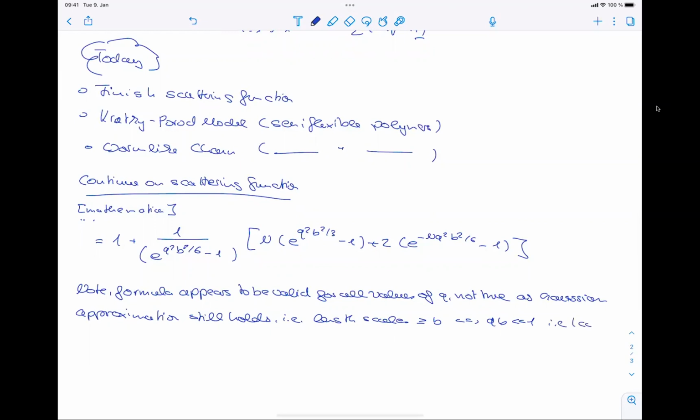So I can't resolve below this length scale of a single polymer segment.